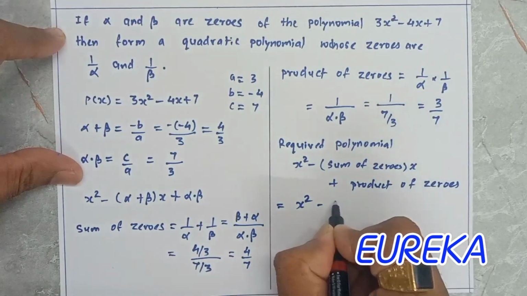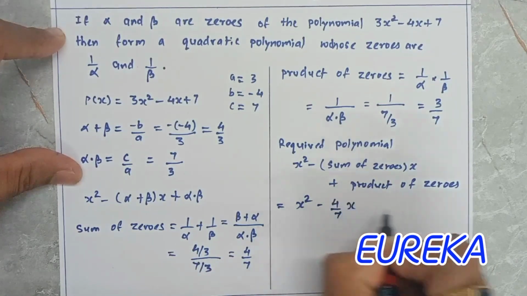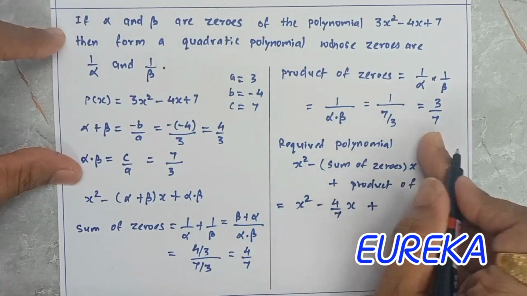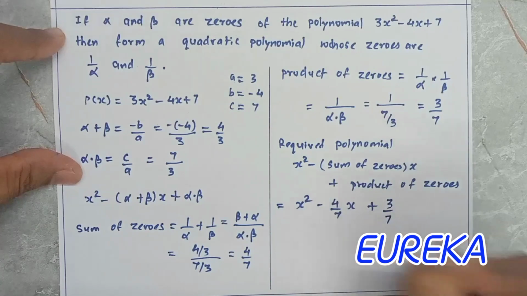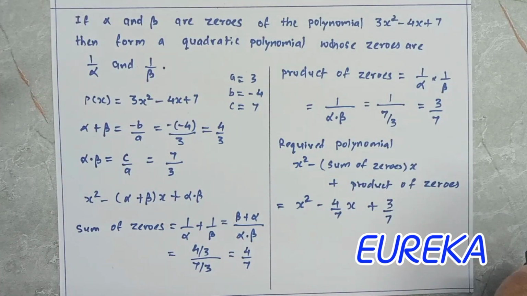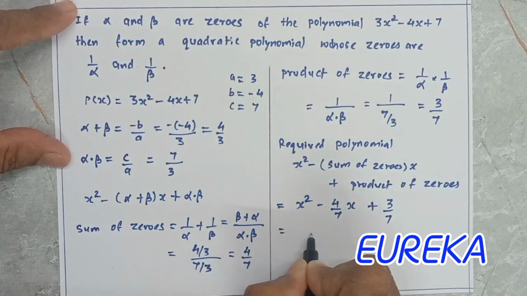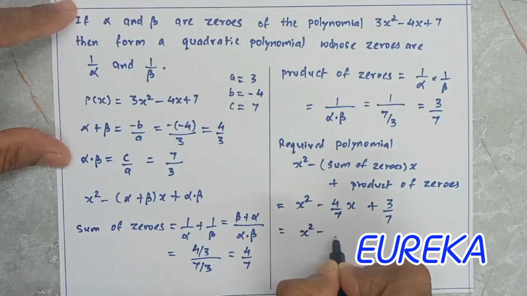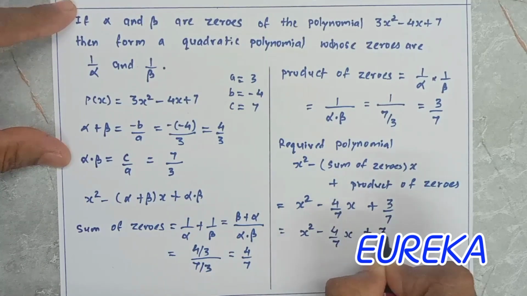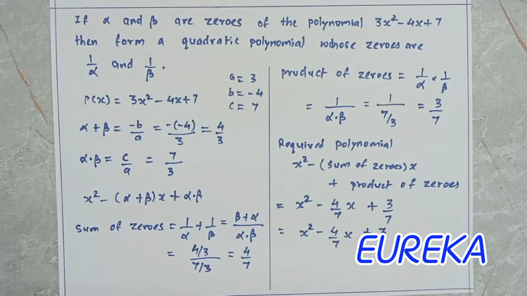We are getting 4 by 7 x, and plus what is the product of zeros coming? 3 by 7. Is it very clear? So our new polynomial will be x square minus 4 by 7 x plus 3 by 7. Okay, so this is our required polynomial.